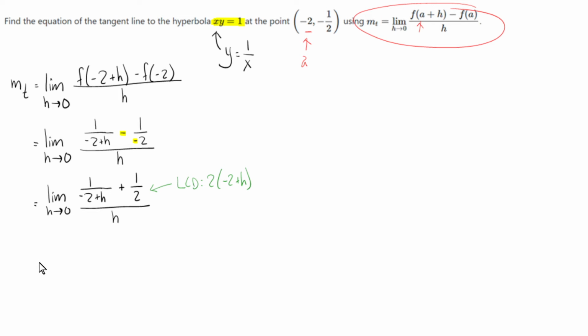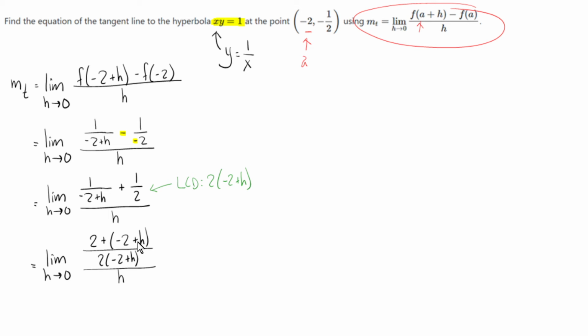If we apply that, we can rewrite this as, up here in the numerator, above the common division line, 2 plus -2 plus h, and in the denominator, the common denominator, over h.